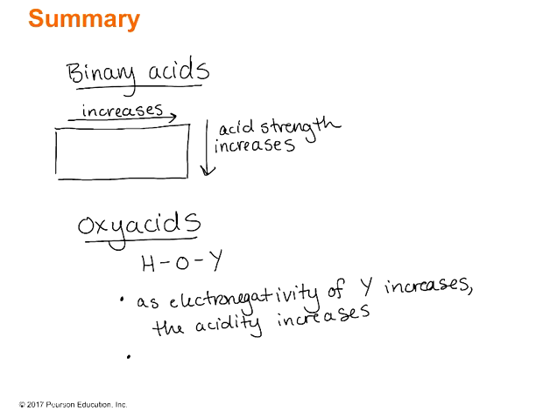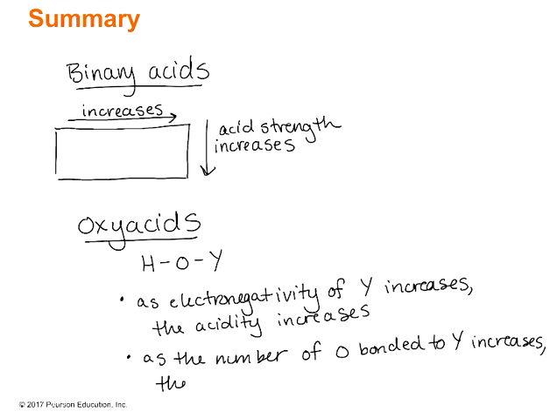And then the other point was as the number of oxygens increase on Y, the acidity increases. And again, this really has to do with the bond between hydrogen and oxygen for these different oxyacids.